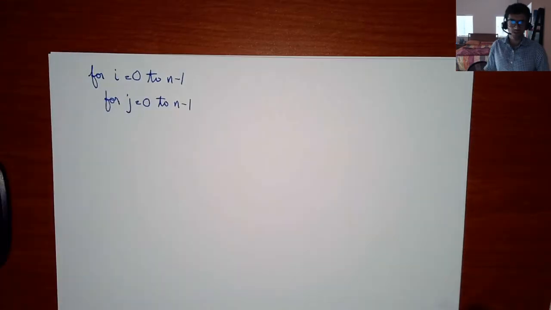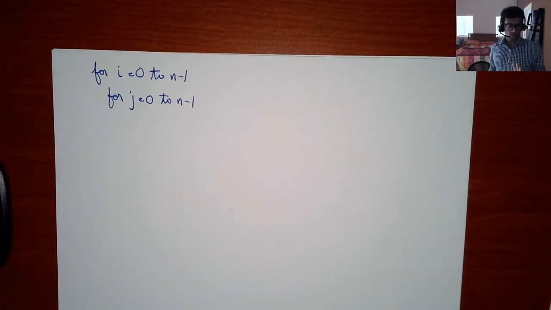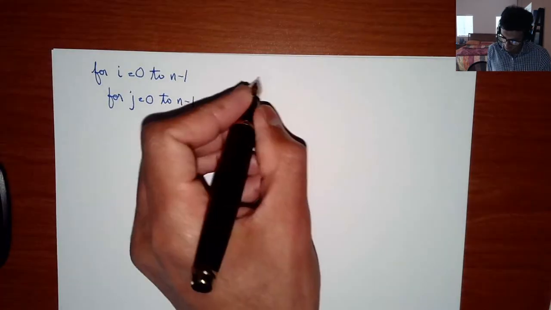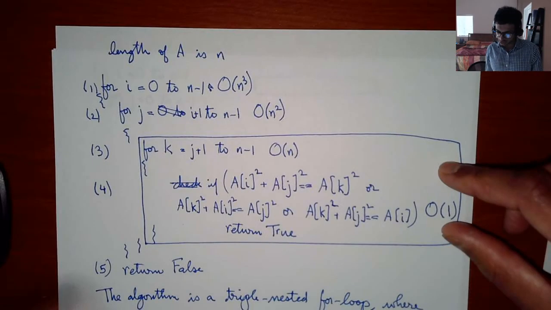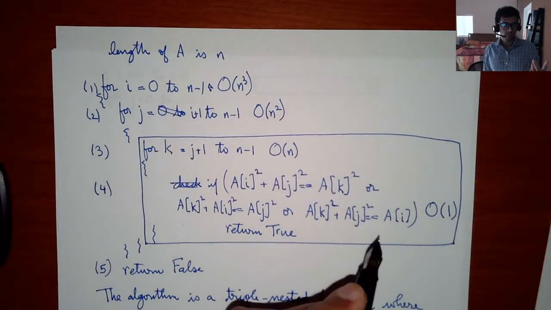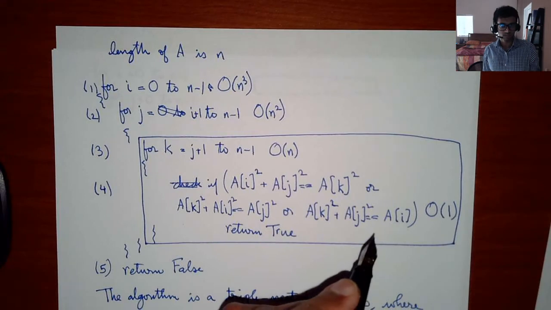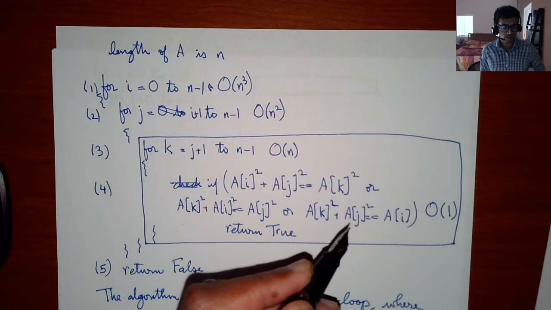Maybe if i and j are the same, you can skip it, or just go from i to n minus 1. That's not important. The point is, what is this piece of logic doing? It's checking if i and j participate in a Pythagorean triple.